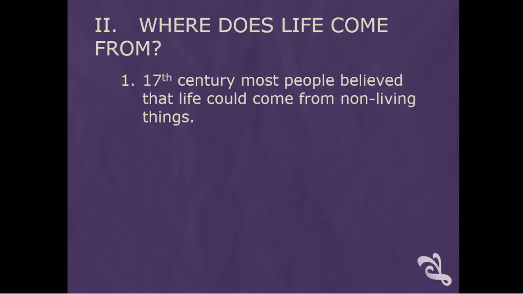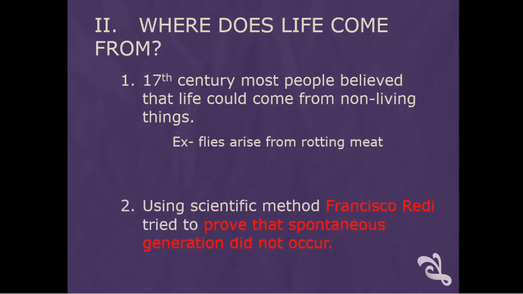Okay, so in the 17th century, most people believed that life could come from non-living things. So way back then, they believed maybe a fly could come from a rock. One of the examples one of the scientists used is flies arise from rotting meat. So people thought that if you leave meat out, eventually it would create flies. So that was the belief.